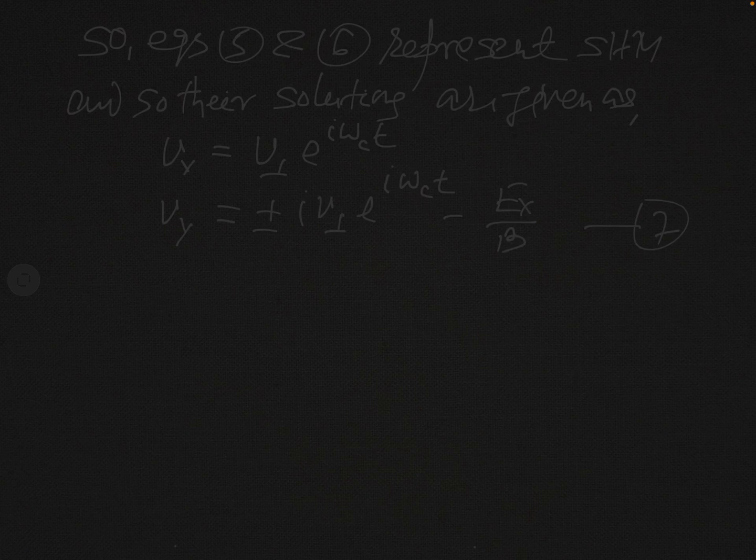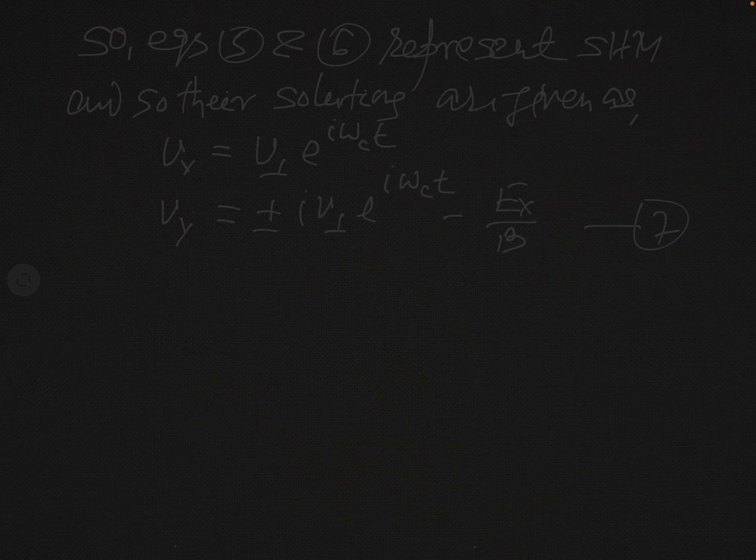But along with this Larmor motion, there is a superimposed drift of the guiding center, and this guiding center is drifted with a constant velocity, which we will represent with the symbol VGC.